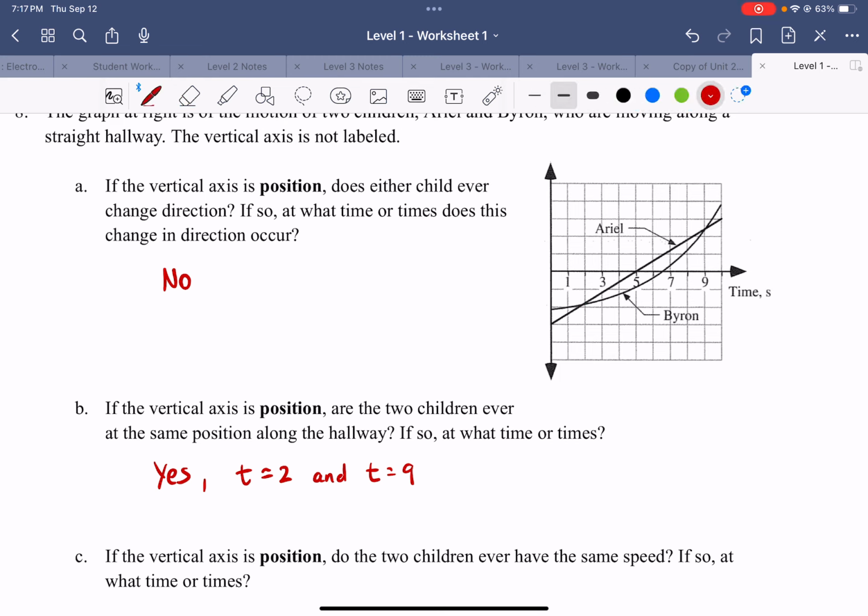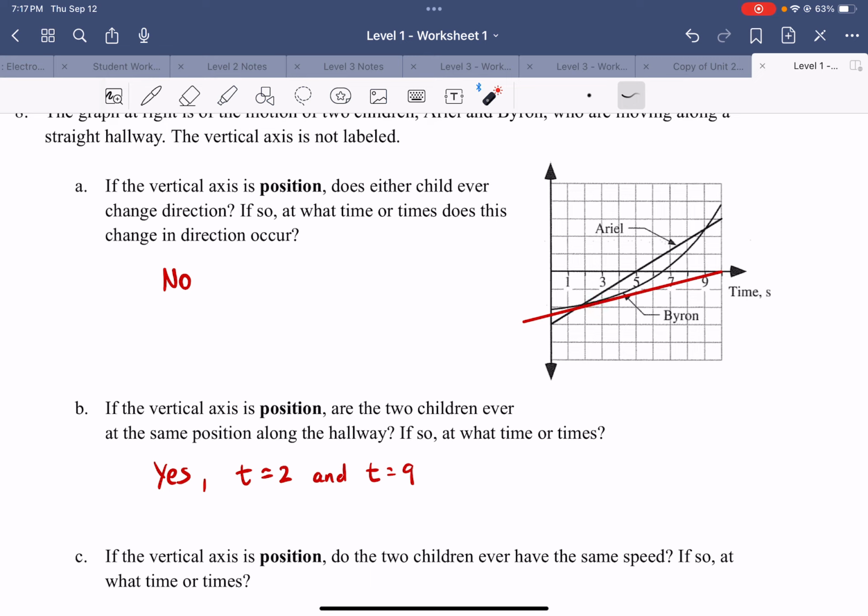For Byron, the line has a curve to it, so the slope is not a constant value. To determine the slope of Byron's line, you have to imagine attaching a tangent line to his curve. If I take a straight line and move it so that it just touches the graph at one point, wherever those two touch, the slope of Byron's graph would be the same as the slope of this line at that point.